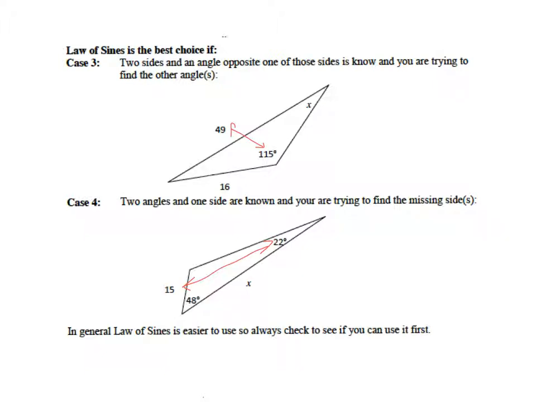You know, you could have something like this, which doesn't really fit one of those cases. A triangle like this where you have, let's say this is 60 degrees and this one's 58 degrees.